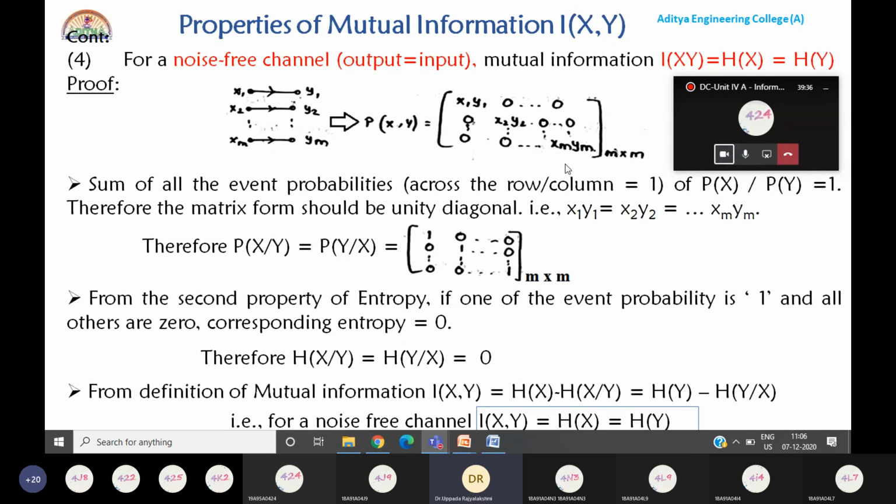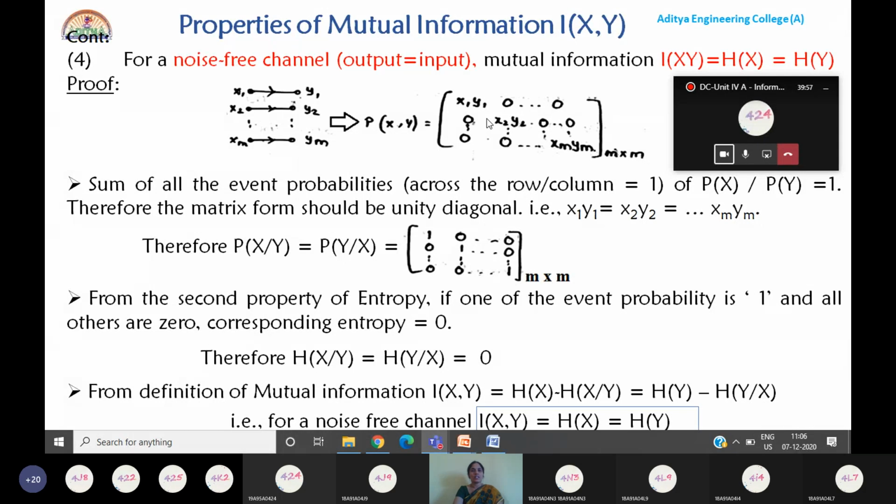If you carefully observe the joint probability matrix P(X,Y), you can say that for a noise-free channel, it should be a diagonal matrix.